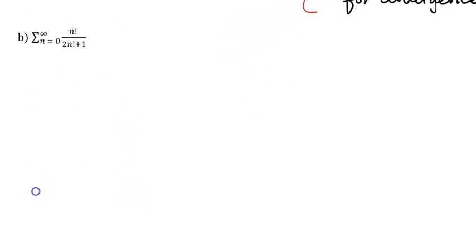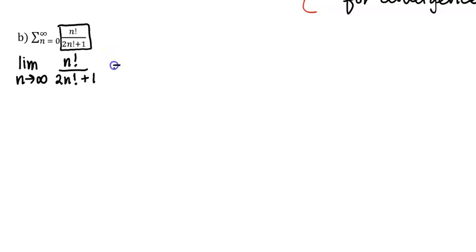So let's see what's happening in example B. Here in example B, a sub n, everything inside this box, I want to know what's happening to that sequence as n goes to infinity. To help me evaluate this limit, I'm going to simplify this expression by dividing everything in this rational expression by n factorial.